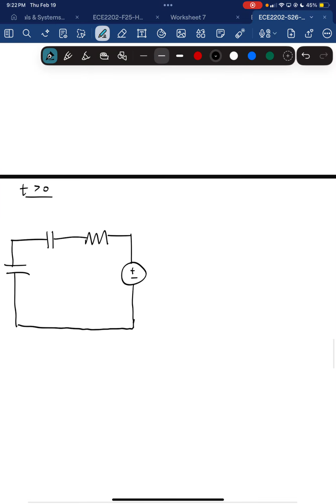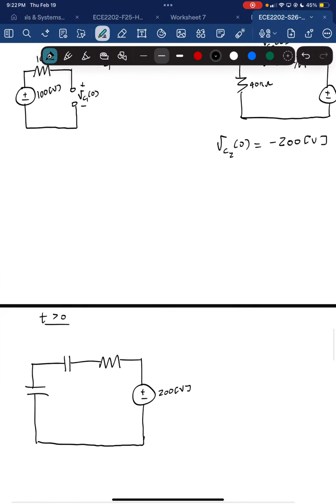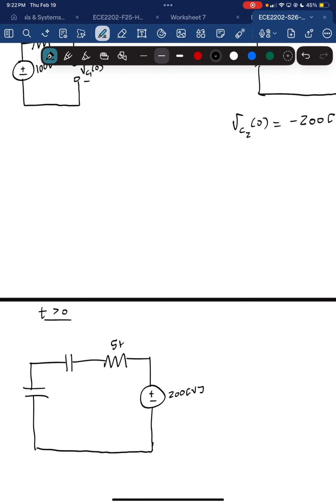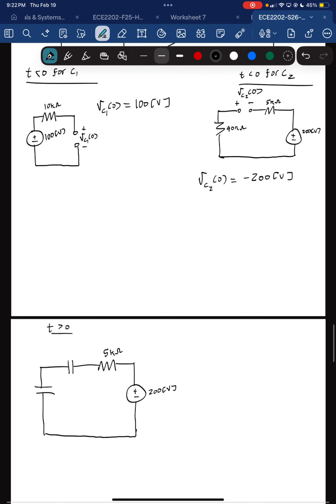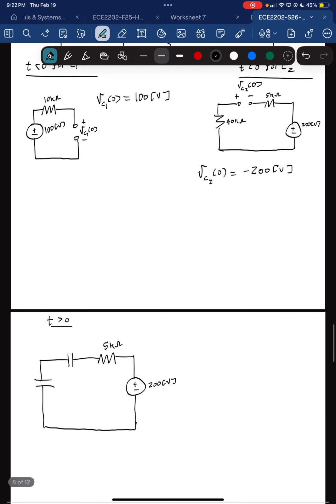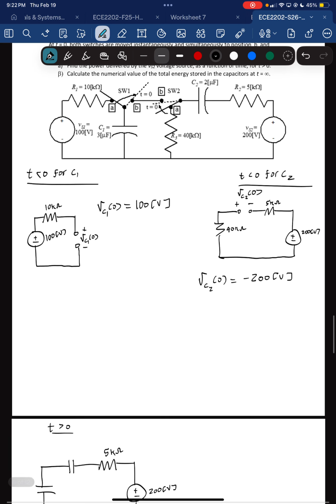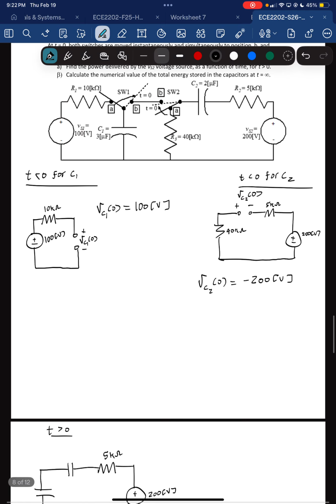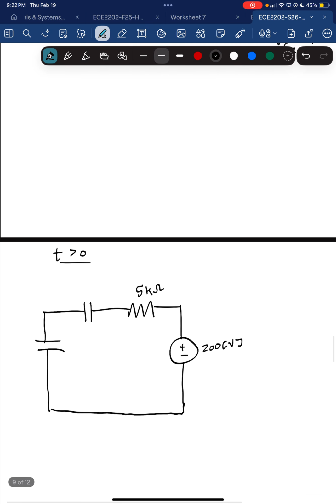Okay, that's 200 volts, 5 kilo ohms, and that's our circuit. And this is VC1, VC2.